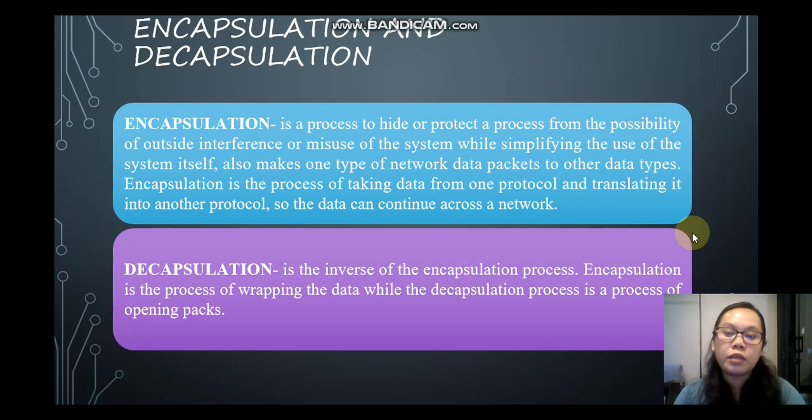Encapsulation is the process of taking data from one protocol and translating it into another protocol, so the data can continue across a network. Decapsulation is the inverse of the encapsulation process. Encapsulation is the process of wrapping the data, while decapsulation is the process of opening packets.